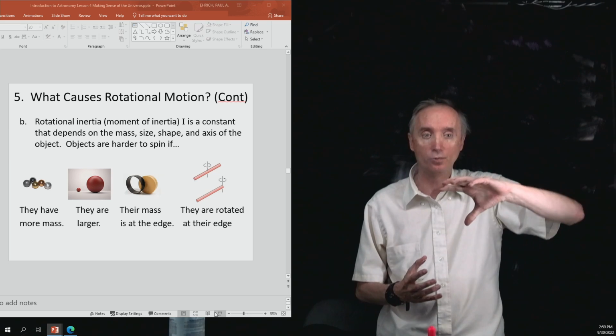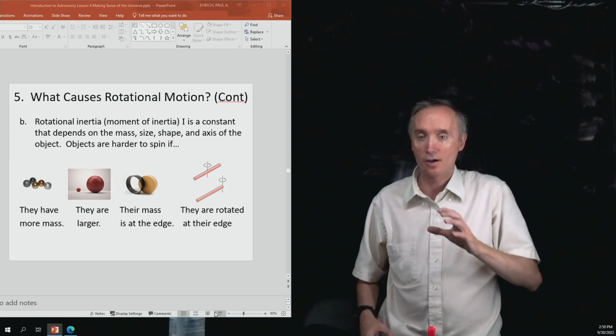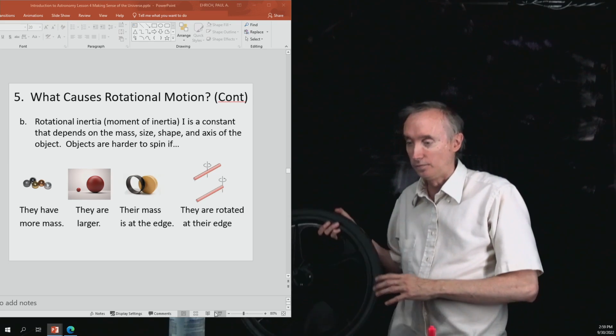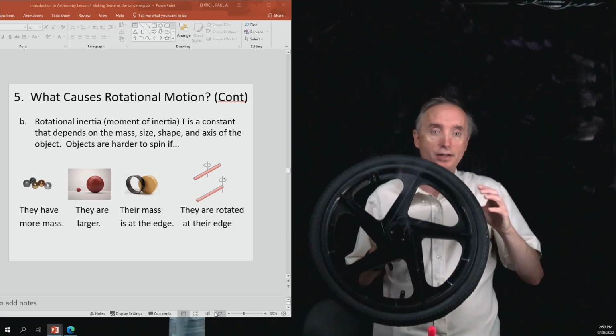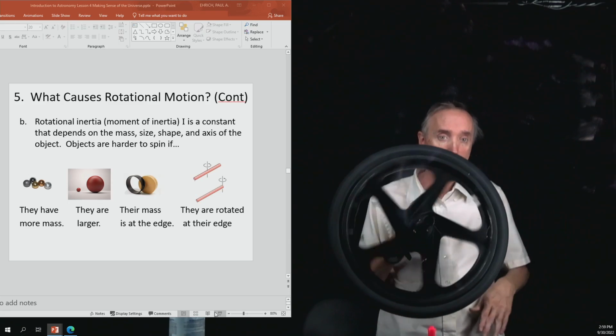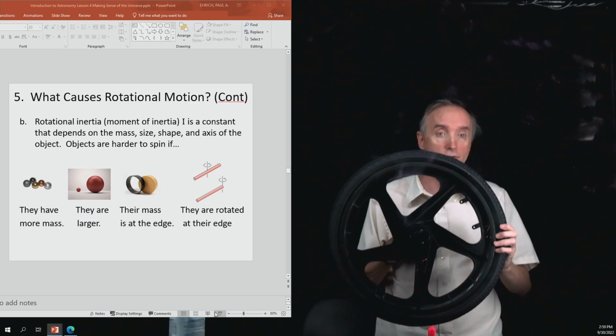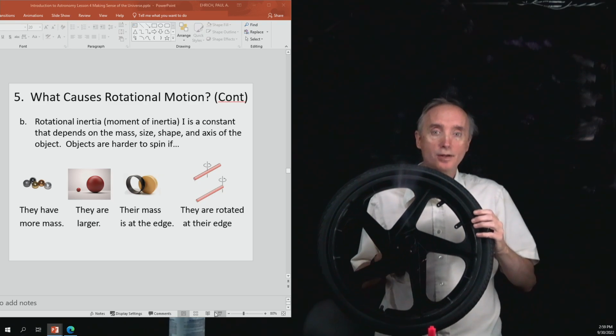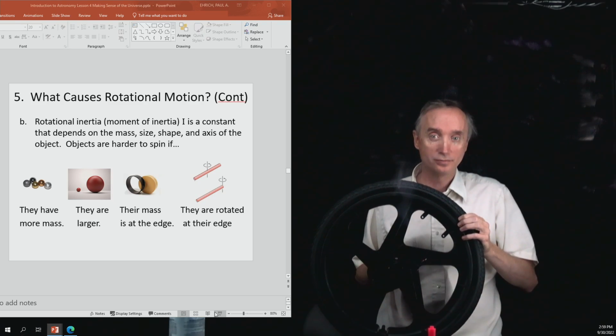So when you've got a wheel, there are properties of the wheel that either make it really easy to spin or very hard to spin. And that's going to be called the moment of inertia.